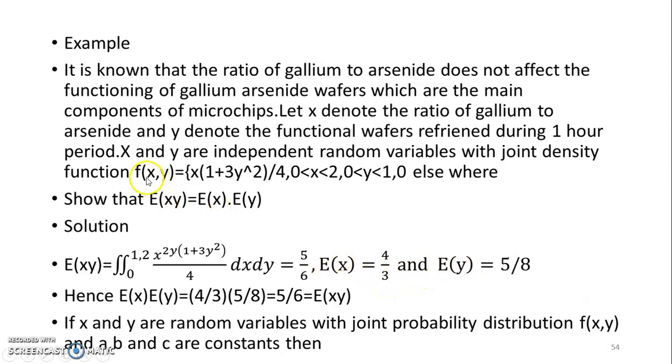And if we multiply y by this and integrate with respect to x, we shall get 5 out of 8. Hence, when you multiply 4 out of 3 times 5 out of 8, you get 5 out of 6, which is still equal to the expected value of XY. Hence, we have shown that the expected value of XY is equal to the product of the expected value of X times the expected value of Y.